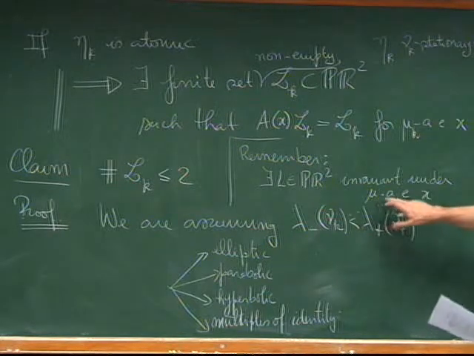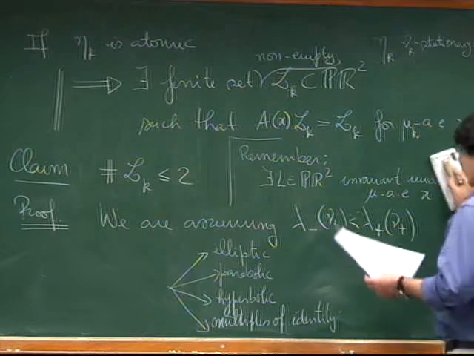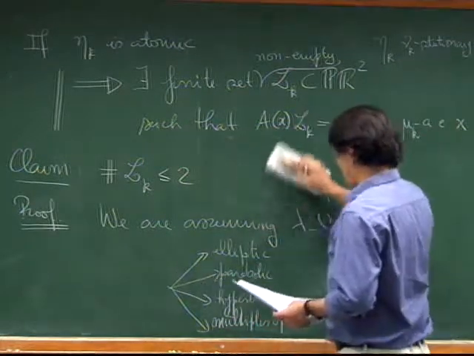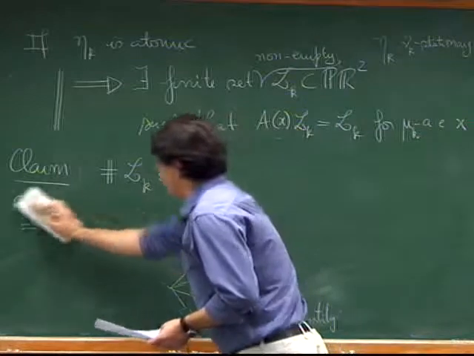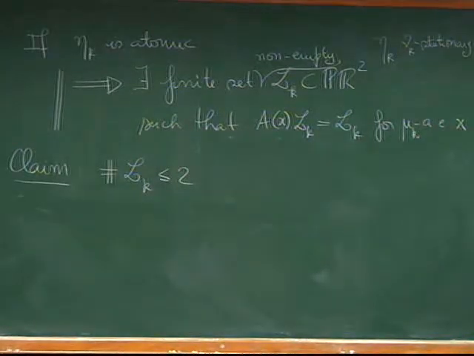This is for mu almost every point, which has nothing to do with that. Okay, so I'm afraid that the proof of the claim is wrong, but the claim is true. So I'm going to complete assuming the claim, and then I will have to fix the proof of that claim.